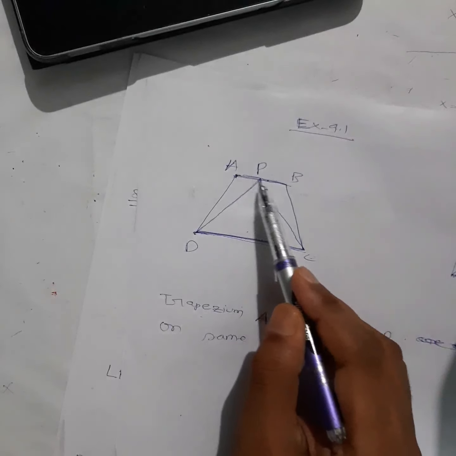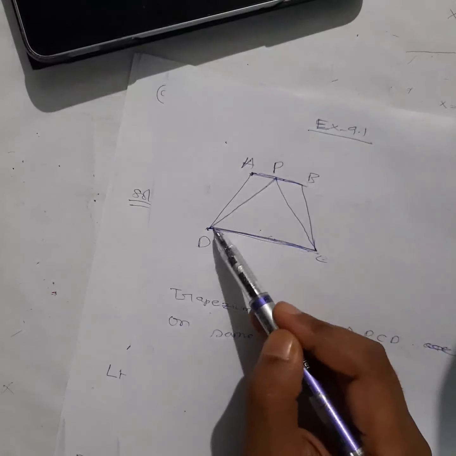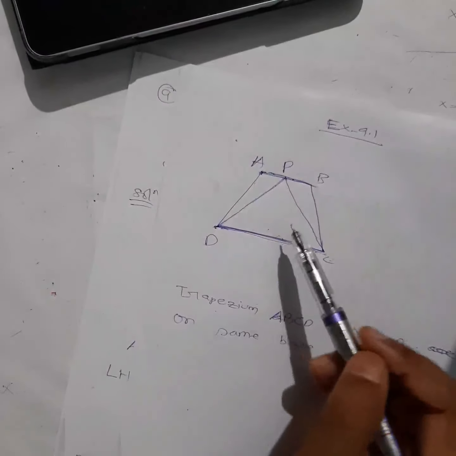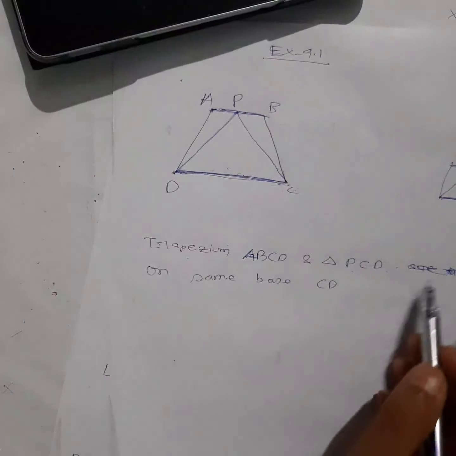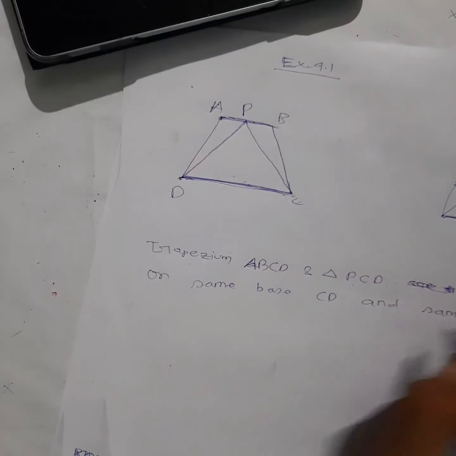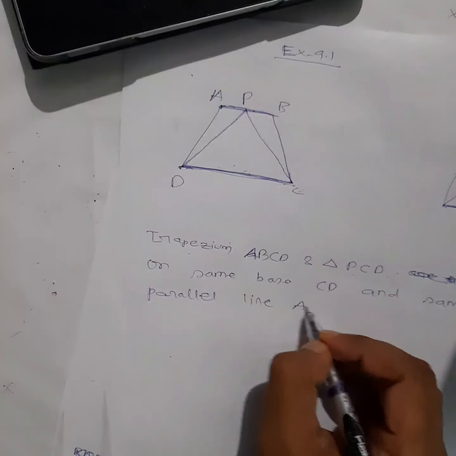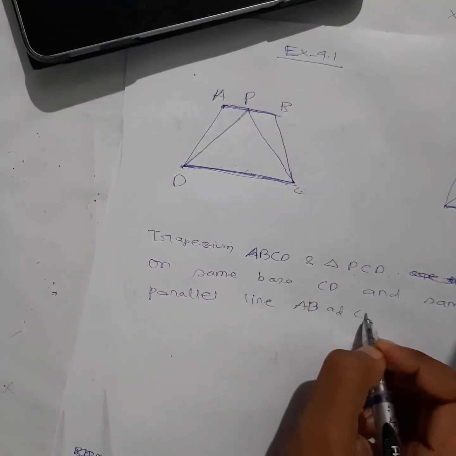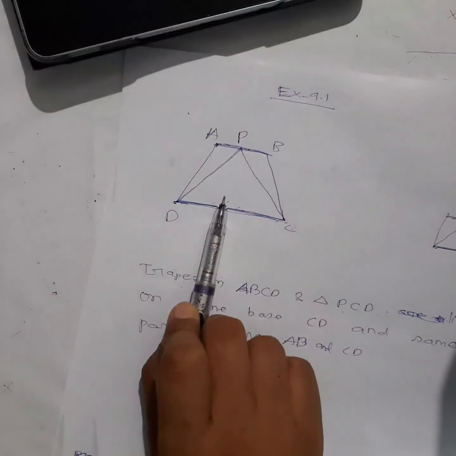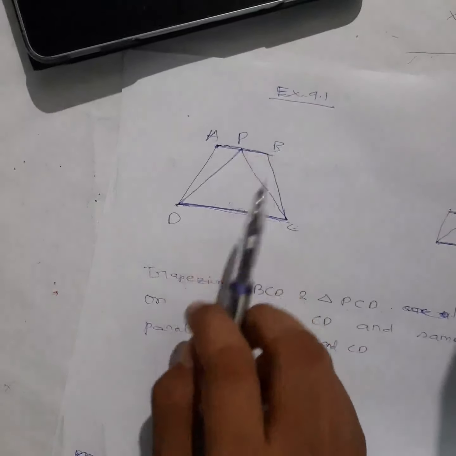This is your parallel line, and between this parallel line there is the triangle and the trapezium also. So this is the common parallel line for both figures. So they lie on the same base CD and same parallel lines AB and CD. In this case both figures are drawn from the same base and lie on the same parallel line.